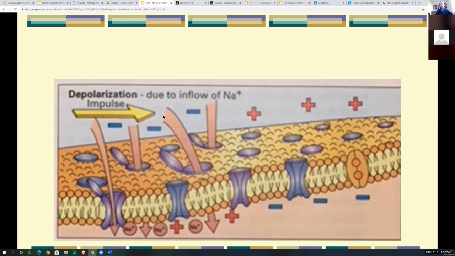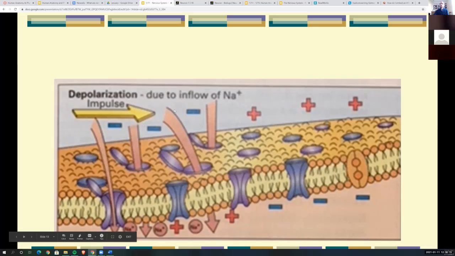Now, let's say a signal comes in the dendrite, moves through the cell body, gets to that axon. We start to see sodium ions now have the ability to flow into the cell. These very special gates are going to open. Because we have this overall positive charge outside, sodium is going to fly. It's going to rush into that negatively charged area because opposite charges attract.